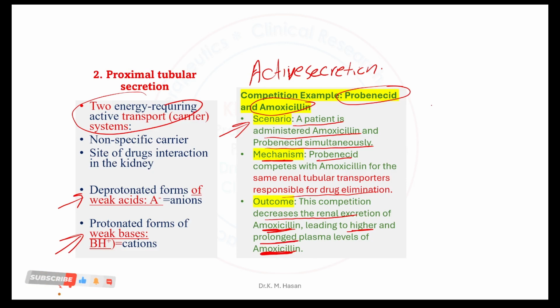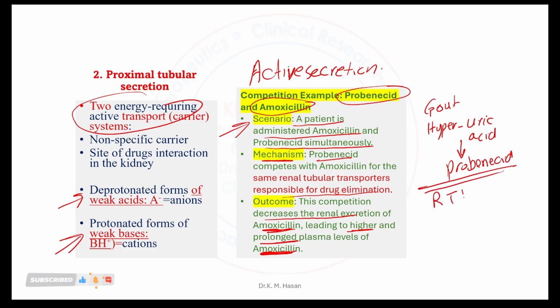So now we can imagine the case. The patient suffers from gout or hyperuricemia, high uric acid, and the patient is treated with probenecid. The patient comes to the clinic with a respiratory tract infection, and you prescribe amoxicillin.